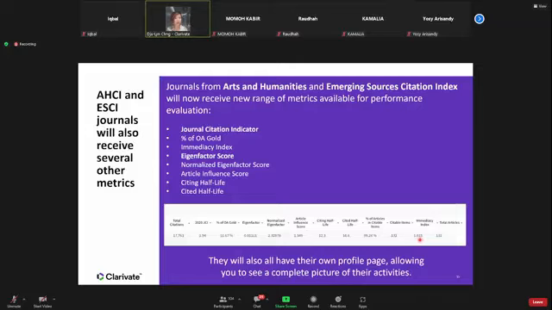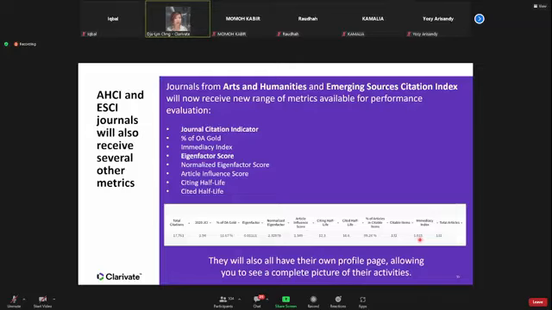So the citations divided by the number of documents. If you have, say, for example, 10 articles and reviews published in a year, then you have 10 citations in total. So 10 divided by 10 would mean 1. So in terms of ratio, there's potentially 1 citation per article, right?